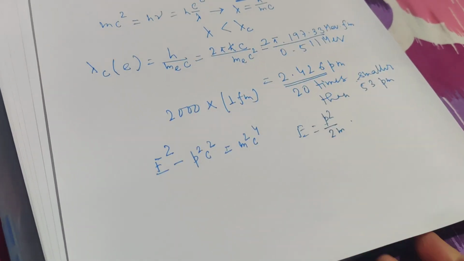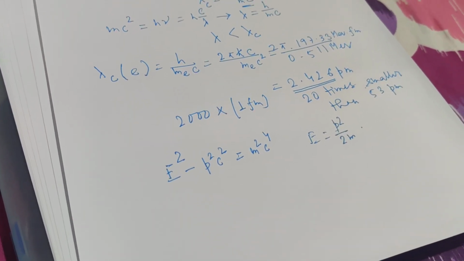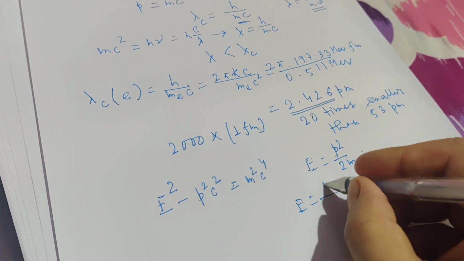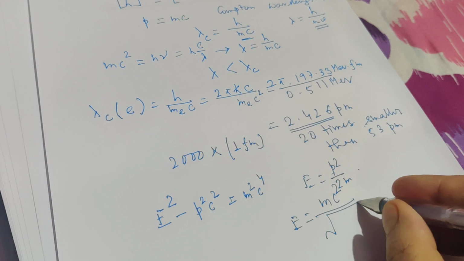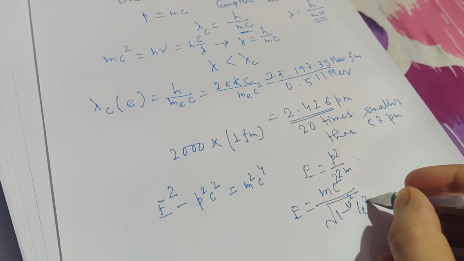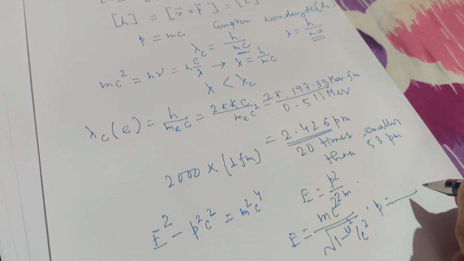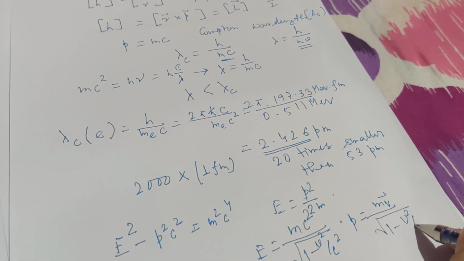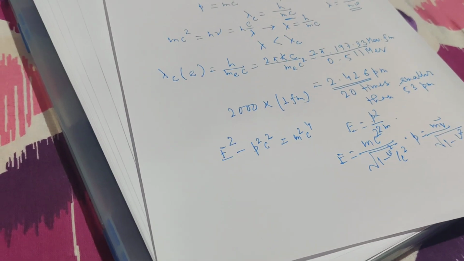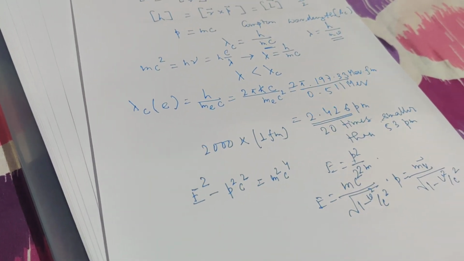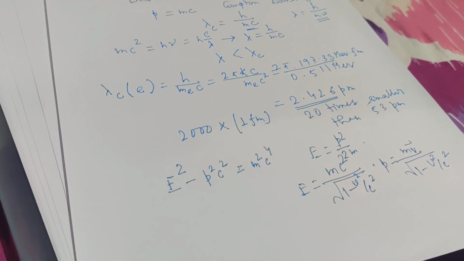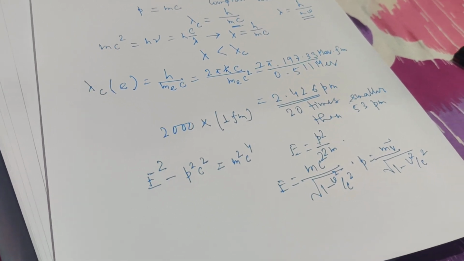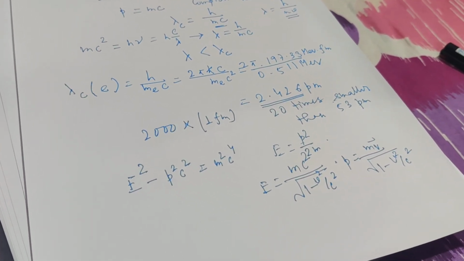And of course one can express the energy and momentum of the particle in terms of the velocity like this: E is equal to m c square over root under 1 minus v square by c square, and P is nothing but m v times 1 upon root under 1 minus v square by c square. So a particle that moves with the speed of light, like the photon, must have zero rest mass, otherwise its energy and momentum would be infinite due to the vanishing denominators.